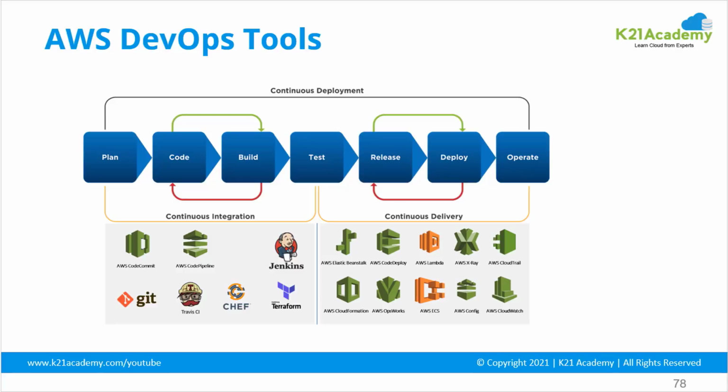When you configure anything, you have to plan the application software that you're developing. Then developers will code it, and then either a developer or someone will build it, and that process is called CI, continuous integration. Then testers will test it, and then it will be released on a server which is already built by the ops guys. That release process and then deploy process, creating a release and deploying on the servers, is called continuous delivery.